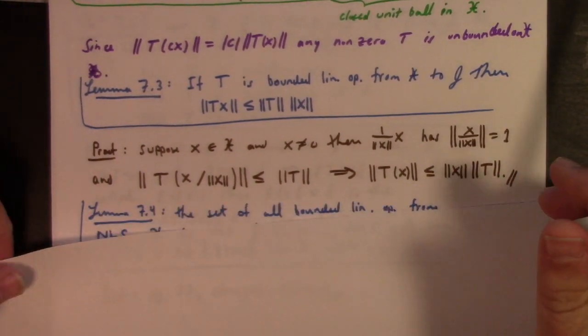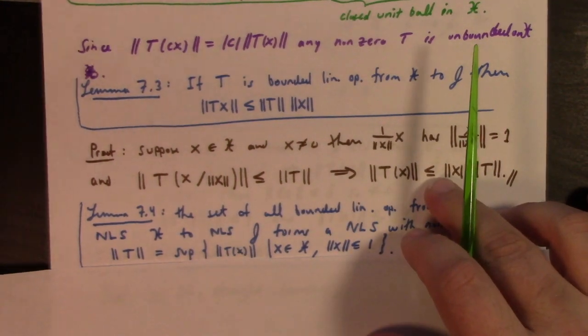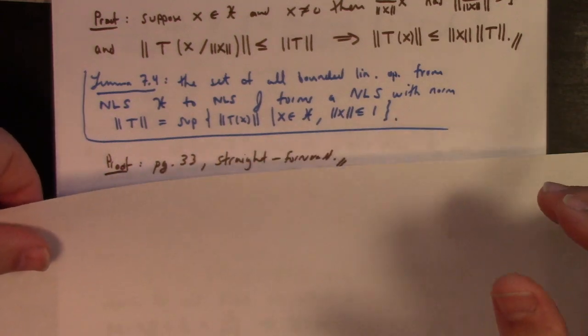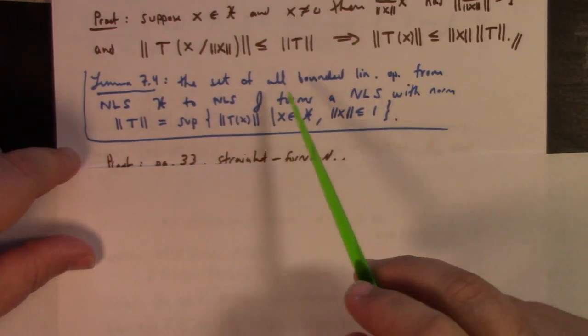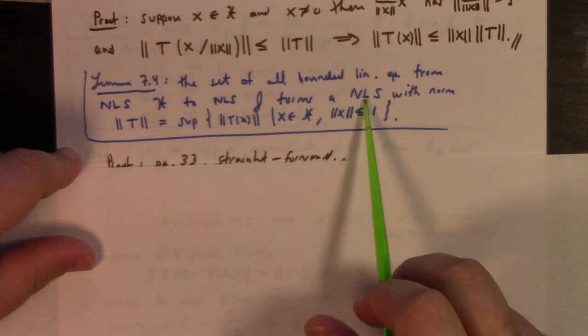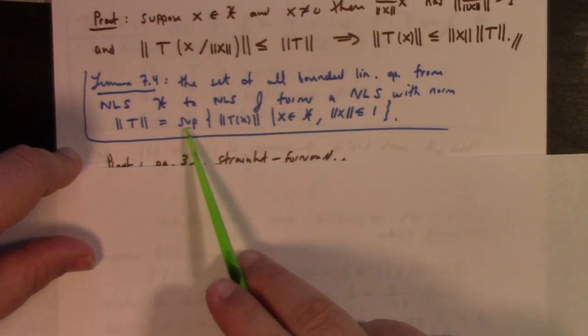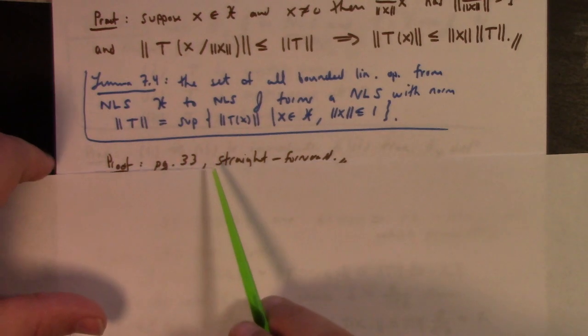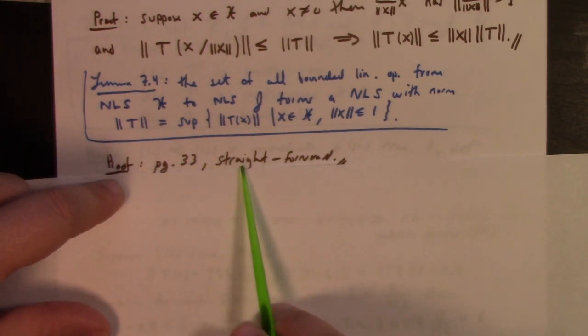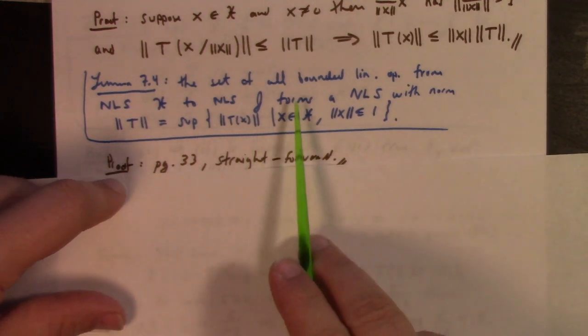All right. Lemma 7.4. The set of all bounded linear operators from a normed linear space X to a normed linear space Y forms a normed linear space with norm given by the operator norm. The proof is on page 33, and it's pretty straightforward. I'll let you look at it there. Just wanted to make you aware of this.